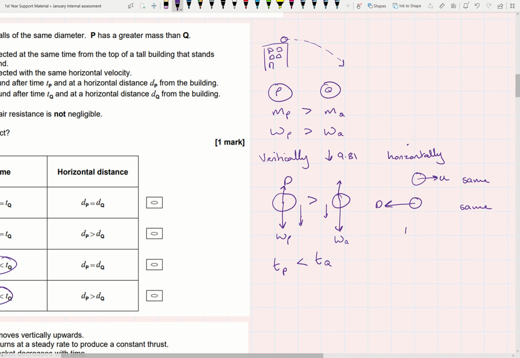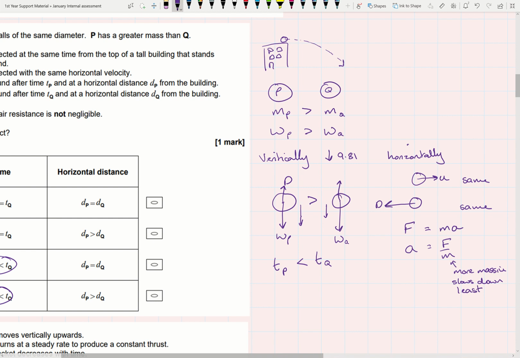If we've got the same force and F equals ma, then one's going to slow down more than the other, and if I've got a equals F over m, then the more massive one slows down least.